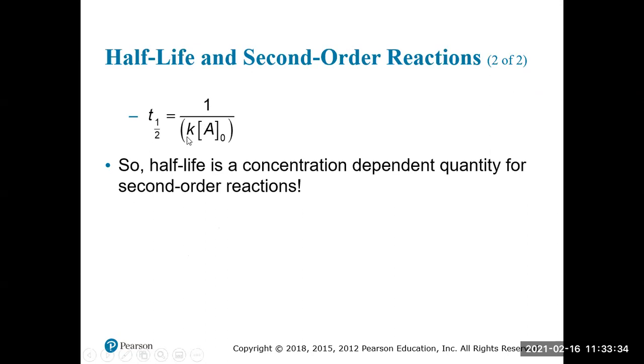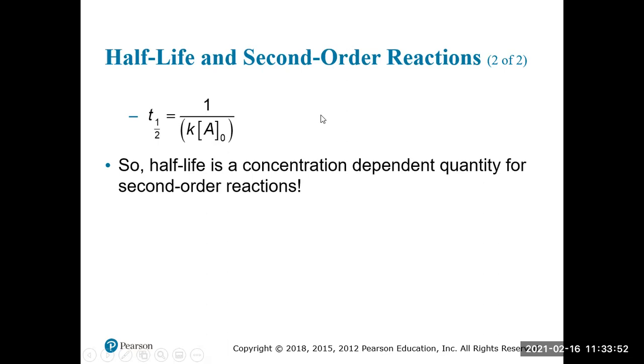After we do all of our rearranging and a little bit of calculus, we have t 1/2, our half-life time, equals 1 over the rate constant times the initial concentration.